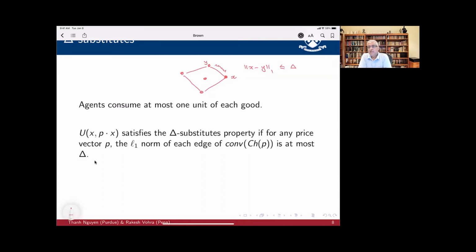Now, this is important and is sometimes overlooked in other papers, which typically go directly to allowing agents to consume multiple copies of a good, in which case you could end up with bundles that are inside the convex hull of your choice correspondence that may not be utility maximizing.